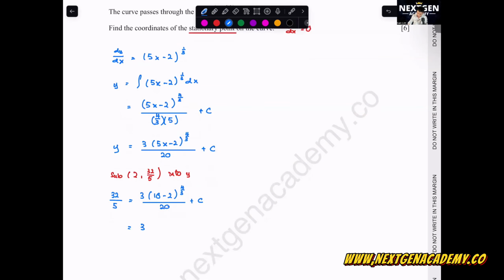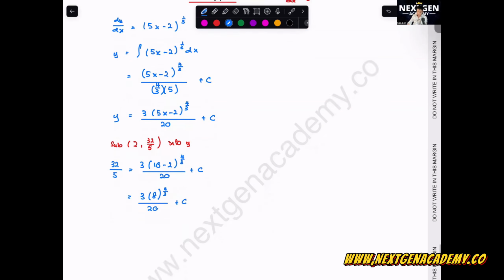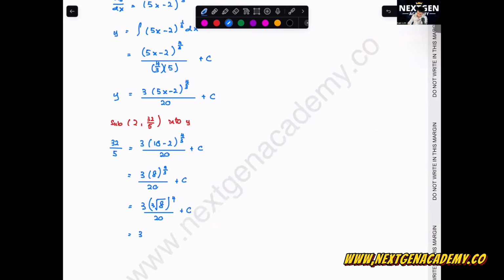This will be 3 times 8 to the power of 4 over 3, over 20, plus c. Remember you don't have a calculator, so whenever you have a fraction power, you do the root first. So 3 times 8 to the power of, this will be cube root, 4 over 20 plus c. What's cube root 8? 2 to the power of 4 over 20 plus c.